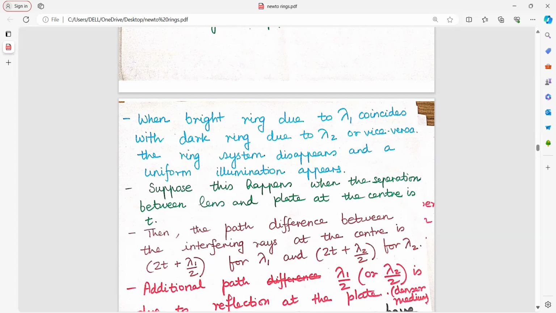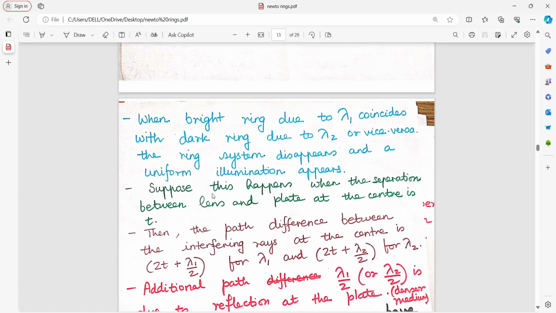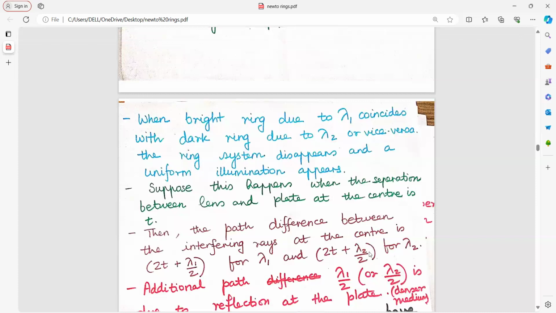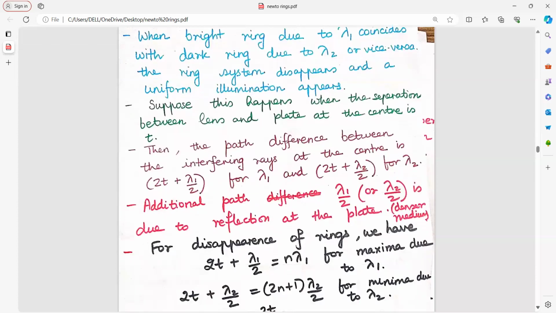Now, when this happens, the separation between the lens and plate at the center, you assume it as T and simply put it in the path difference formula. For interfering rays at the center, 2t plus lambda 1 by 2 and 2t plus lambda 2 by 2. The additional path difference is due to reflection at the plate.